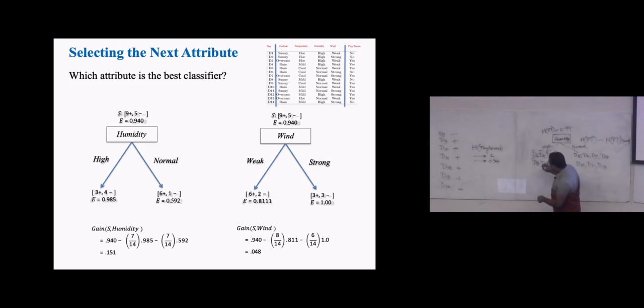D12, positive. And D13, oh, there is no D13. D14 is negative, right? So how many negative? 1, 2, 3, 4. So 3 negative and 4 positive, right? Did I make any mistake? It's the other way around. So I made some mistake.